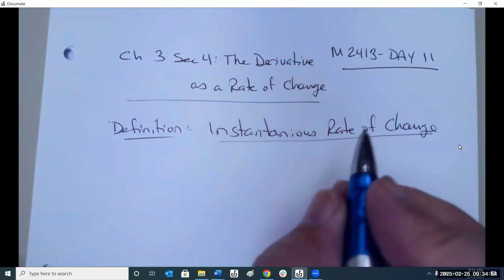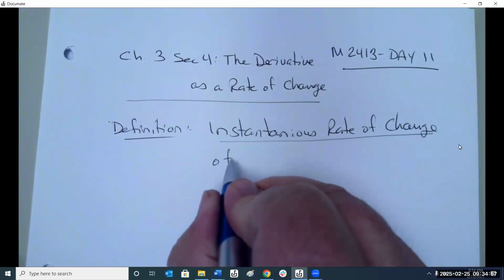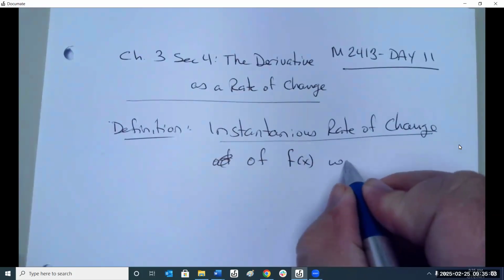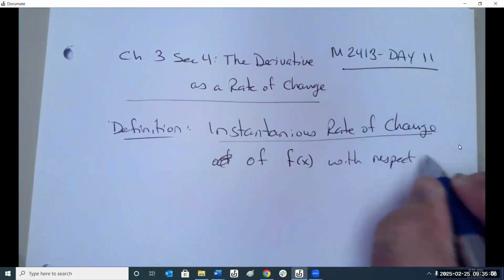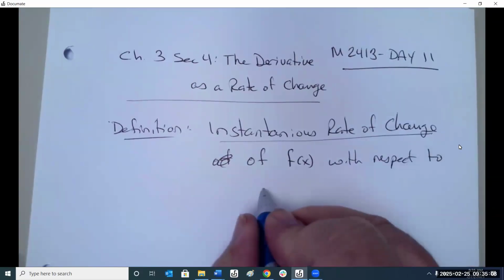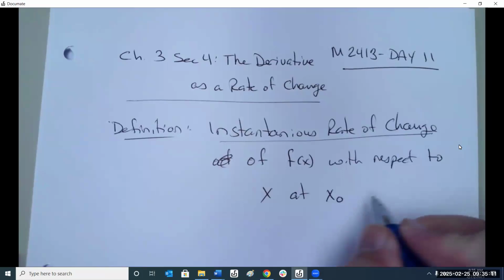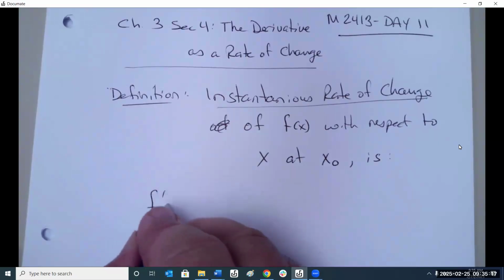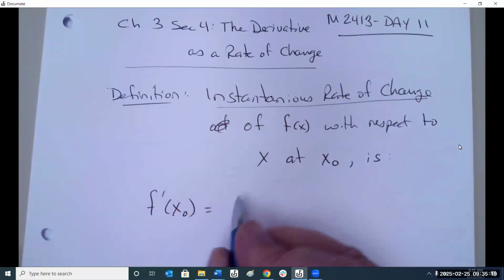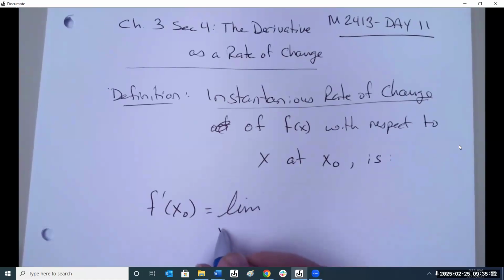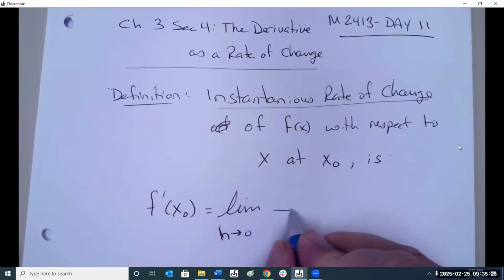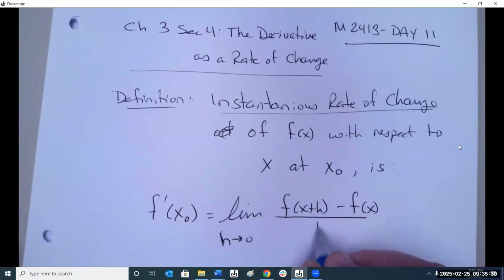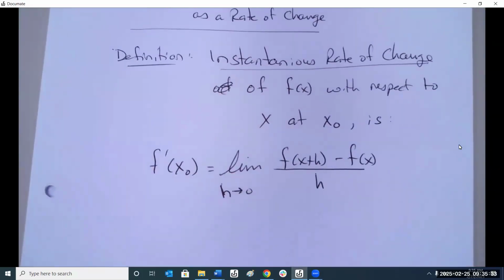The instantaneous rate of change of some function f of x with respect to x at some value x sub 0 is the derivative at that value x sub 0. It's the limit as h goes to 0 of f of x plus h minus f of x over h, if it exists.